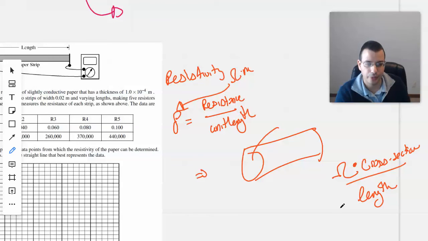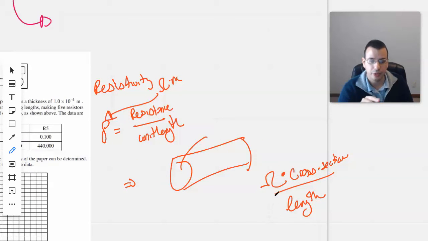The idea with the cross section here is if you had a thick piece of copper, it would have a different resistivity than a thin piece of copper. So resistivity isn't unique to a material like copper, silver, gold, or iron. Resistivity has to do with the cross-sectional area as well.